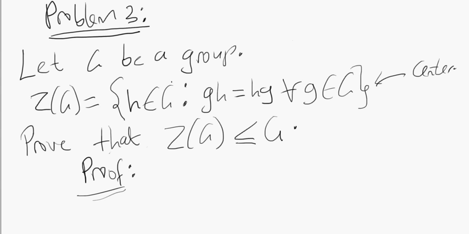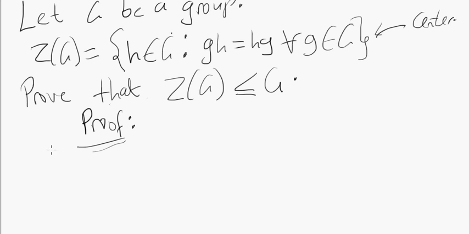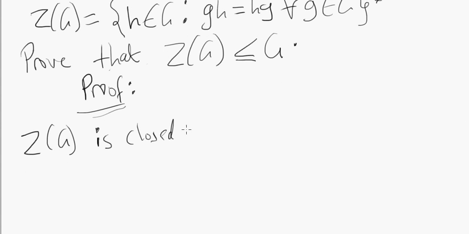Well, to prove that something is a subgroup, there are many ways you can do it, but we could try the very direct path here. Our strategy is we're going to prove that Z of G is closed. That means basically if you combine any two elements of Z of G, multiply them with each other, you're going to get an element of Z of G back.